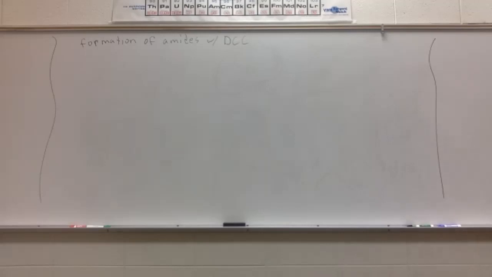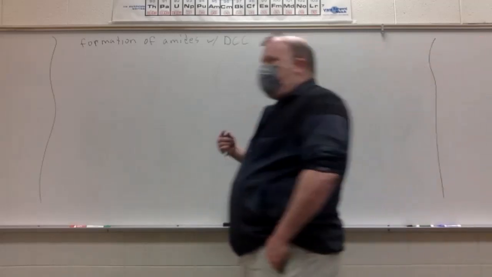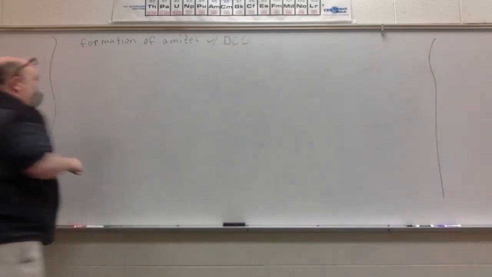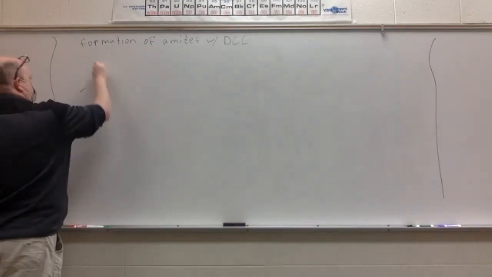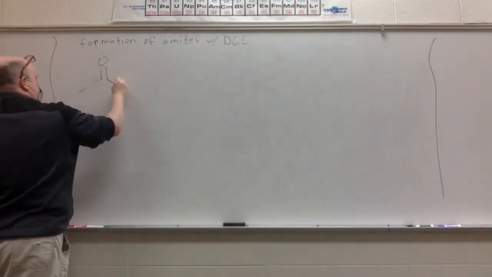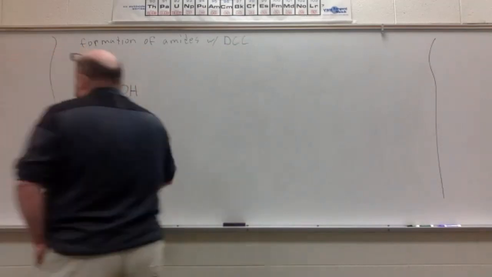The thing is, though, it usually gives very low yields. So it's not a very efficient method. It's not very practical. It's not used very often in real world stuff. So I'm not going to bother going over that. The more important one is this one, where you actually use something called DCC to sort of help you out. All right, so let me show you how this works.